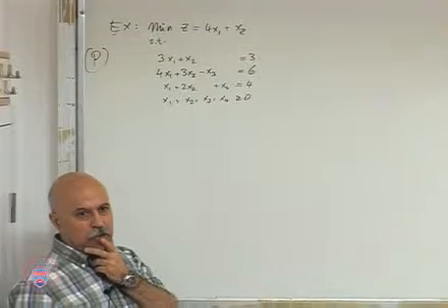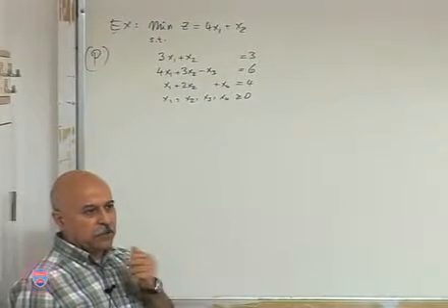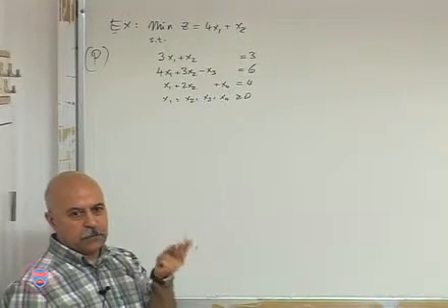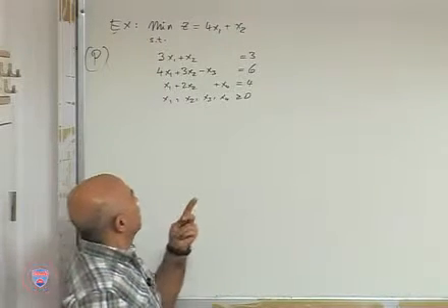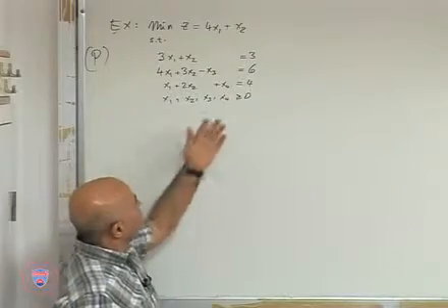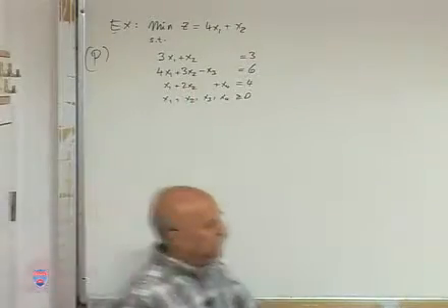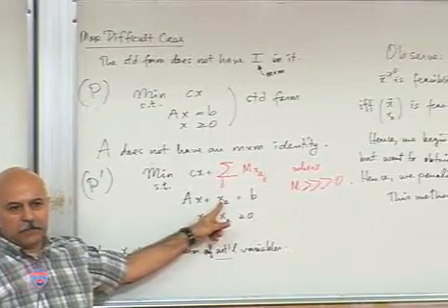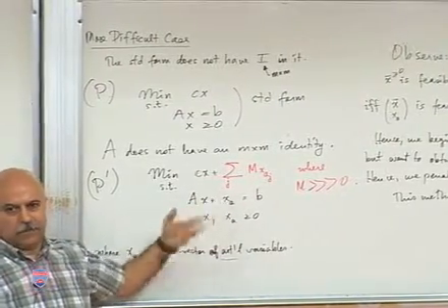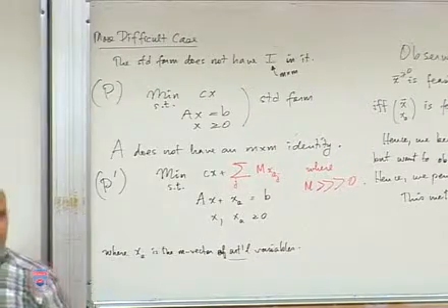So in this case, all you have to do is to supply the missing columns of the identity, which means you add 2 artificial variables. You can also add 3 artificial variables. Of course, in this description, I made it look like you're adding as many artificial variables as there are constraints, but you can actually add fewer than that.